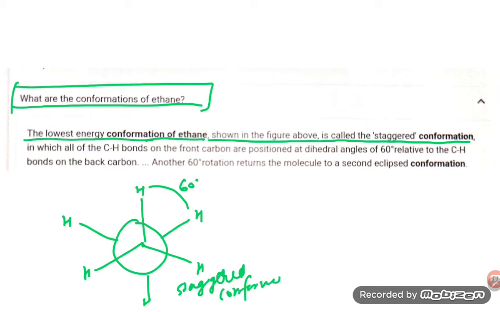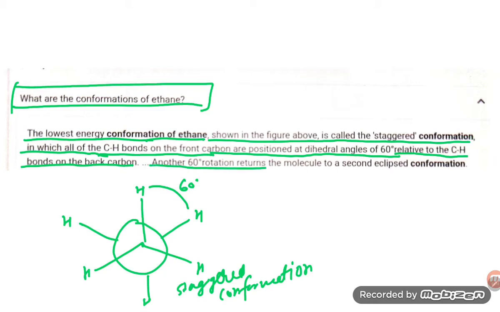Now students, another conformation is possible in which all the CH bonds on the front carbon are positioned at a dihedral angle of 60 degrees relative to the CH bonds on the back carbon. Another 60-degree rotation returns the molecule to a second eclipsed conformation.